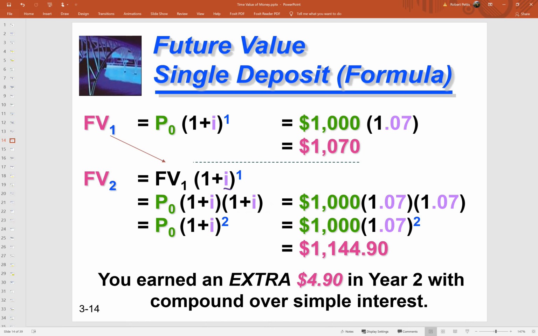And notice that if we multiply something by 1.07 and then by 1.07, we could just square the term. So in our particular case, we have 1,000 times 1.07 squared, and that will give us $1,144.90, which is $4.90 more than we would have if we were doing simple interest.